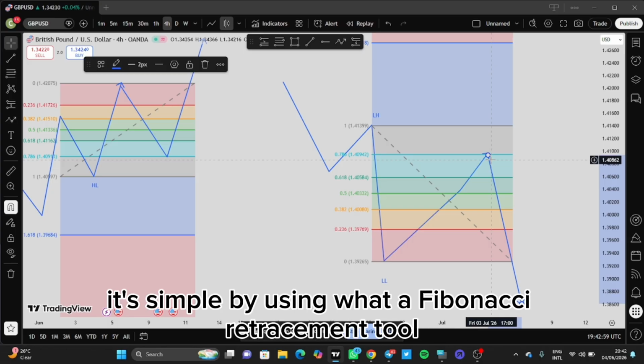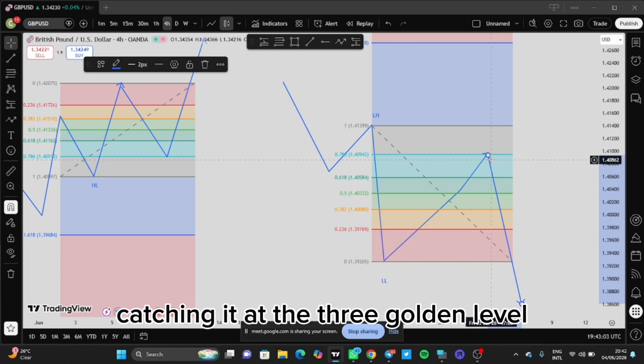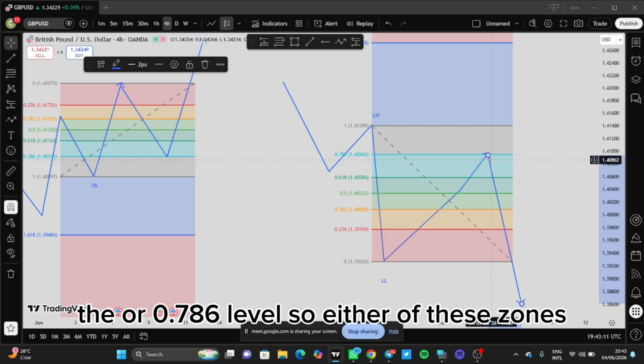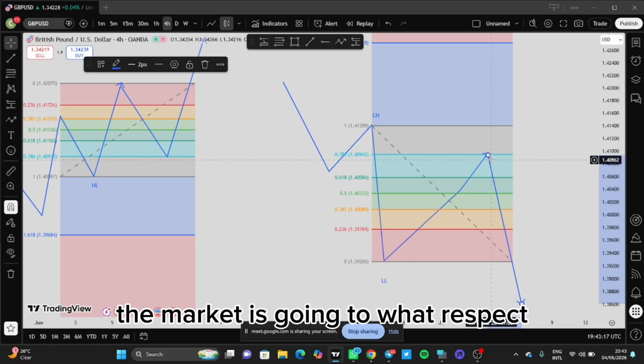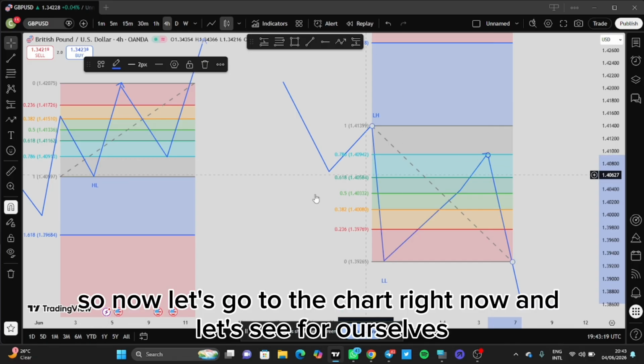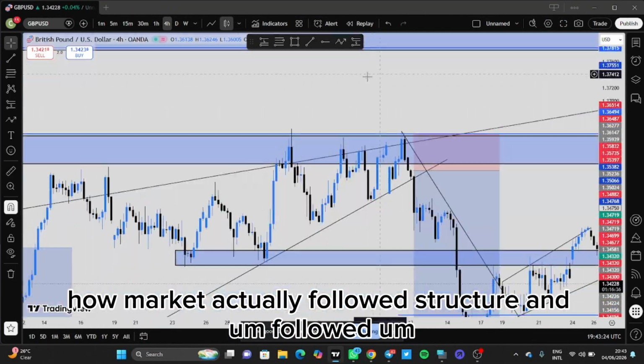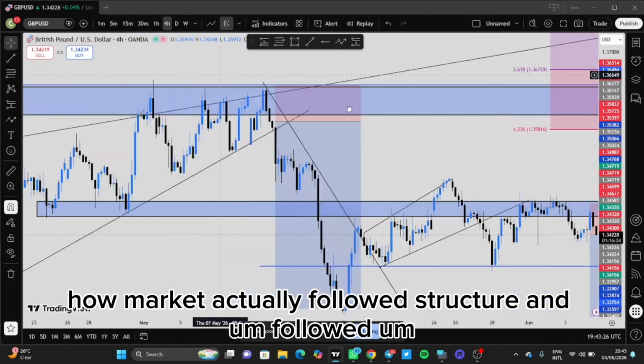It's simple, by using what? A Fibonacci retracement tool, catching it at the three golden levels, either the 0.5 level, 0.618 level, or 0.786 level. Either of these zones, the market is going to what? Respect.